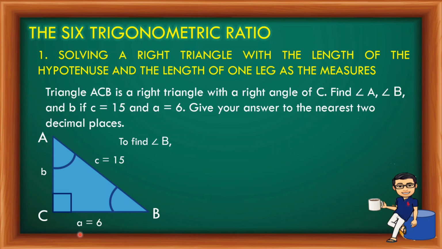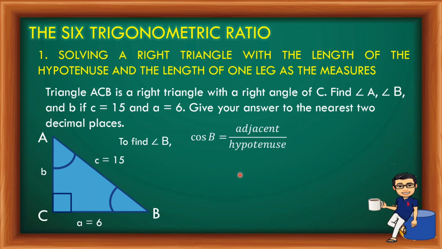Ito pa rin yung given, si a at si c. Pero ano na ni angle B si a? Hindi na siya opposite kasi siya ngayon ay adjacent na ng angle B. Ito ay mananatiling hypotenuse, pero itong side a ay magiging adjacent side ng angle B. So, adjacent at hypotenuse yung given.